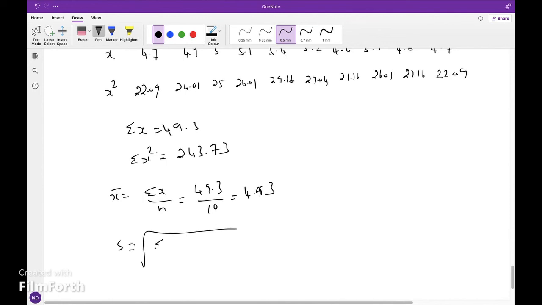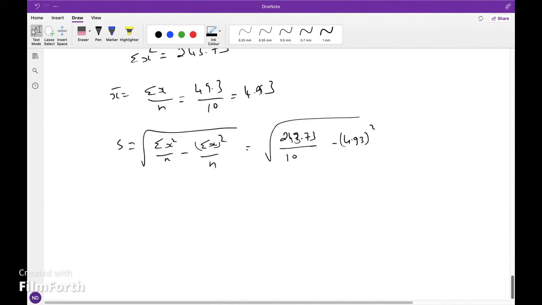The formula is square root of summation of x squared by n minus sum of x by n the whole squared, that is 243.73 divided by n minus 4.93 the whole square. So use calculator, that value is 0.27.